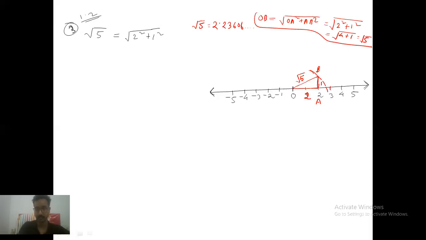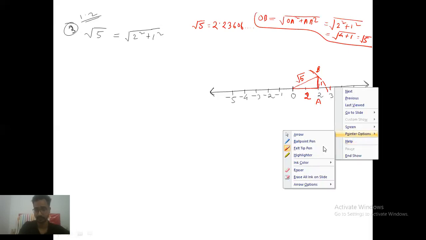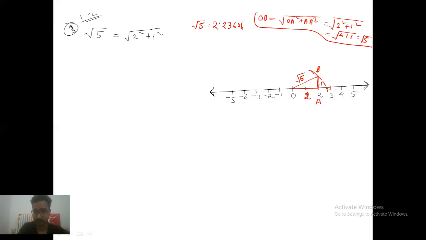Now first let me change the color of your pen. Now this point is your P, because the arc cuts the number line here. Then this point P denotes root over 5. And the value of root over 5 is 2.23606 and so on. So now see, it will lie between 2 and 3. So it will be here.